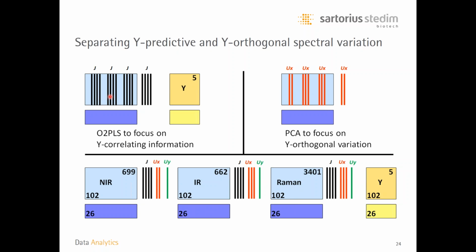They are 4 from each model, summarizing the variation in all the 3 measurement techniques, correlating with the Y. And we can then use AutoPLS to focus on the Y correlating information. Another trail is then to go up with the red score vectors, summarizing systematic variation in NIR, systematic variation in IR, and systematic variation in Raman that is not correlating to the varied sample properties. And here we can use PCA to focus on what we call the Y orthogonal variation.